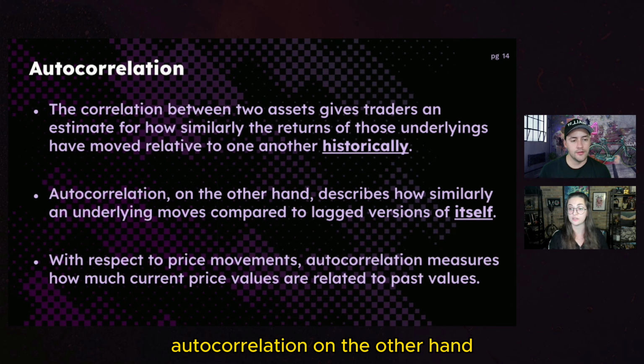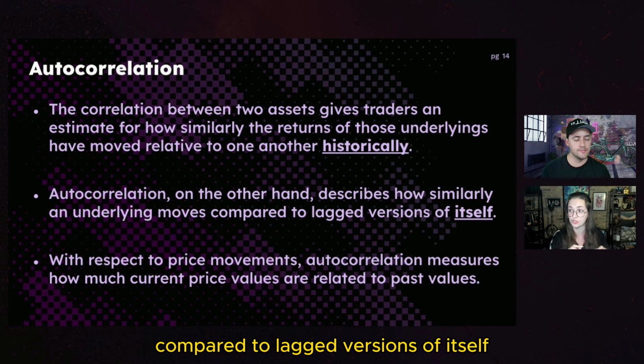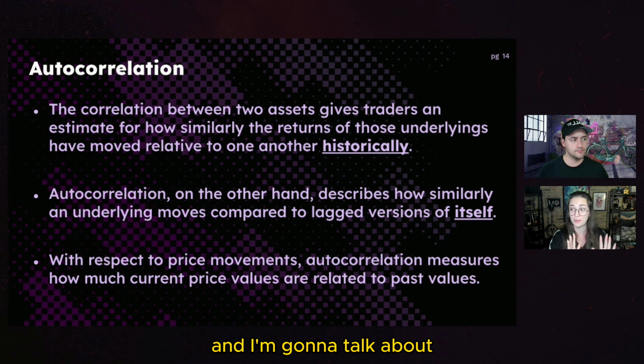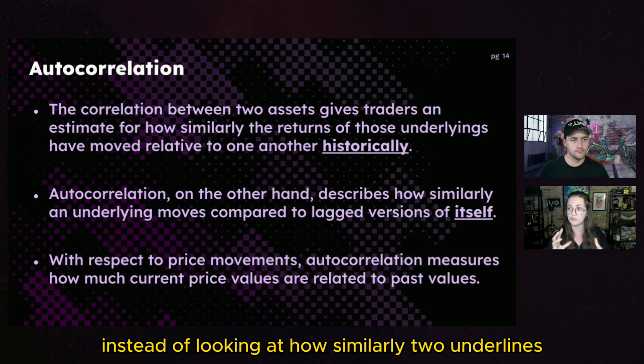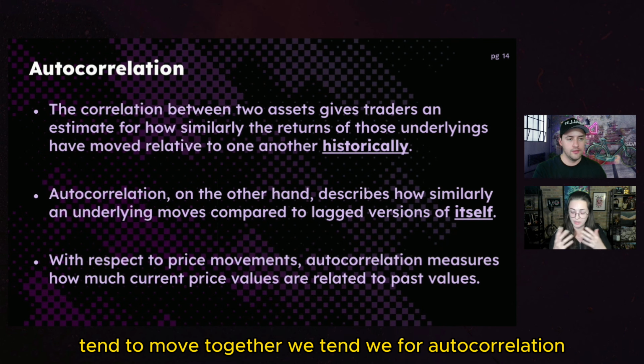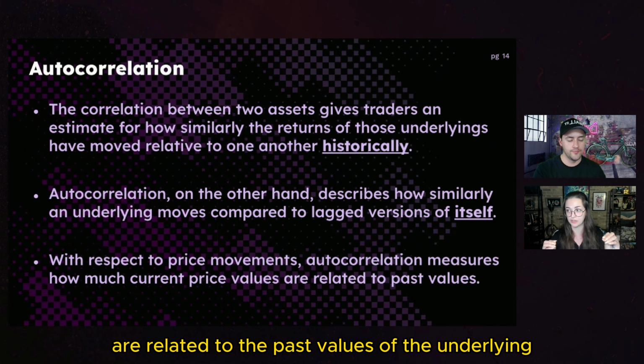Autocorrelation, on the other hand, describes how similarly an underlying moves compared to lagged versions of itself. I'm going to talk about an example of what that means in a second. Instead of looking at how similarly two underlyings tend to move together, for autocorrelation we want to look at how much the current prices of the underlying are related to the past values of the underlying.